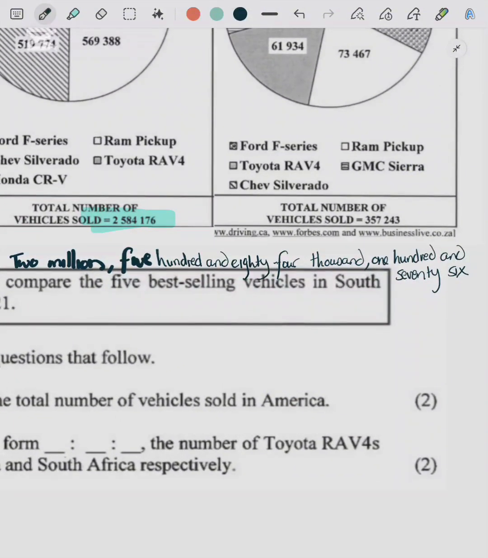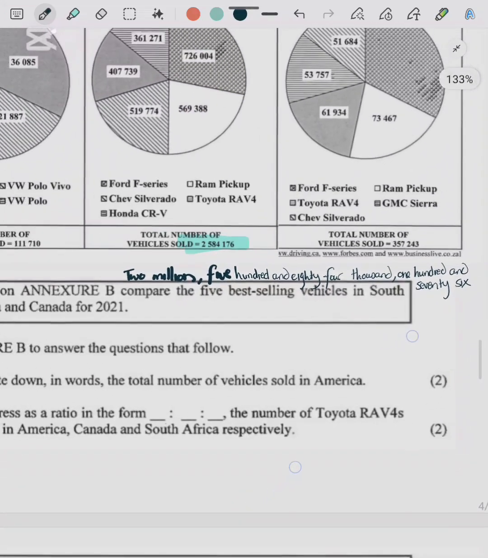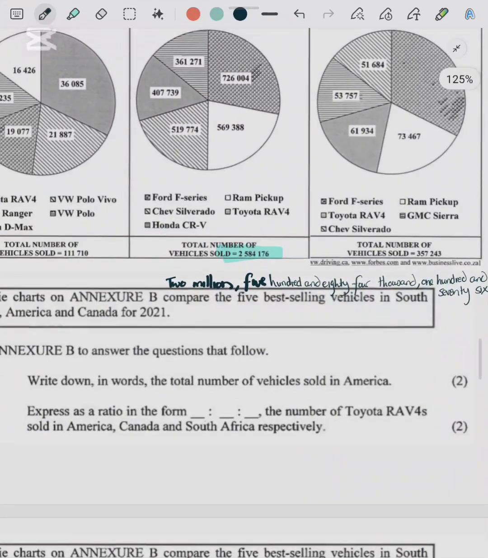Okay. The second question wants us to write as a ratio, in the form of something to something to something, the number of Toyota RAV4s sold in America, Canada, and South Africa, respectively. The important thing here is that you are reading in the correct order. The first one they want is America.